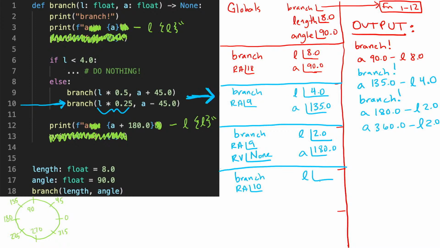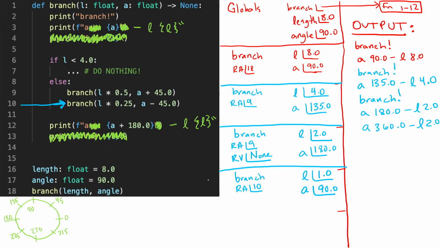And a quarter of 4.0 is 1.0. So the L parameter of this new frame we're setting up is 1.0. And then we're saying, okay, subtract 45 from 135. And that's going to be the A, or the angle parameter. And so that's going to be 90. Okay?